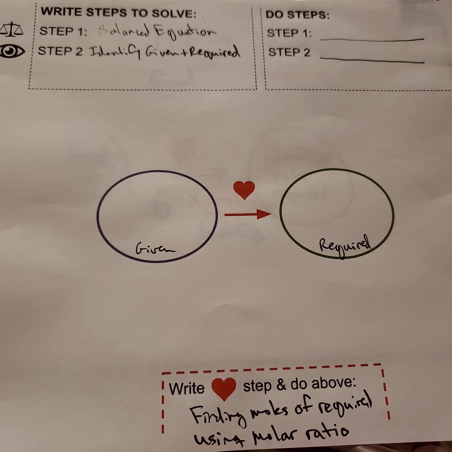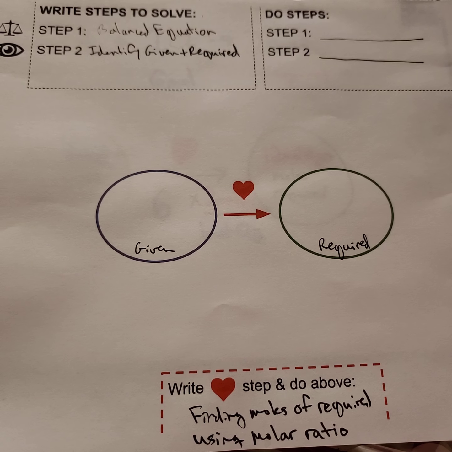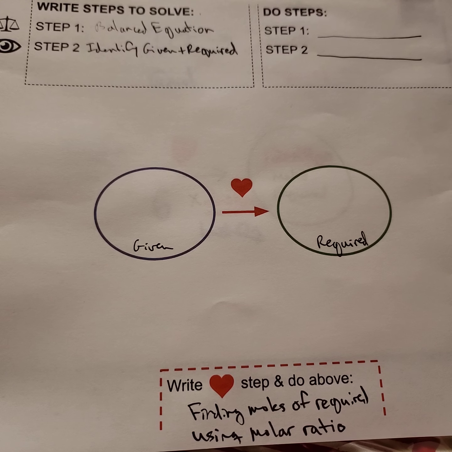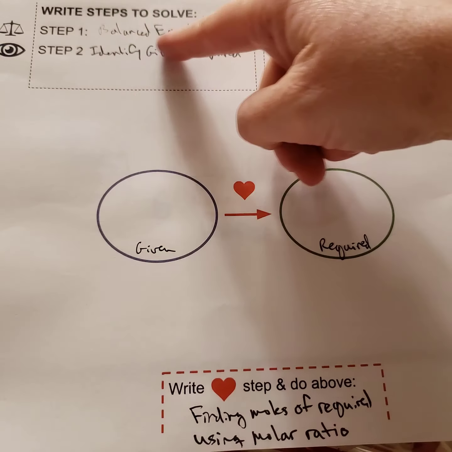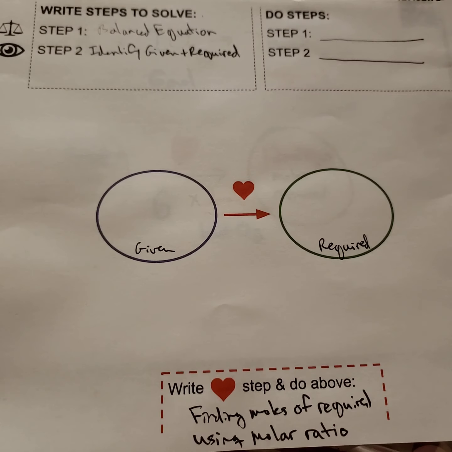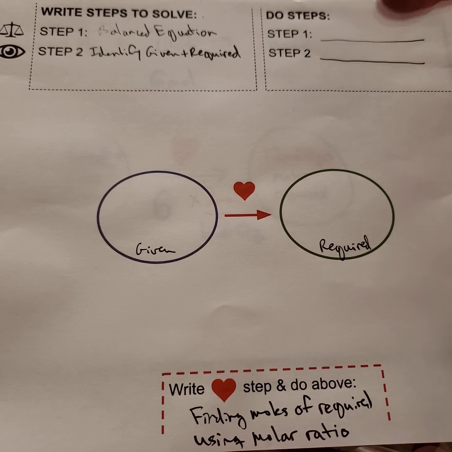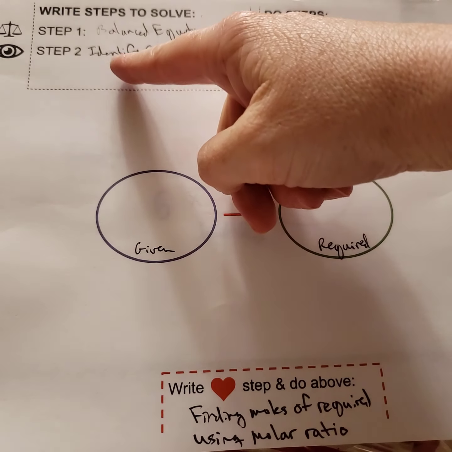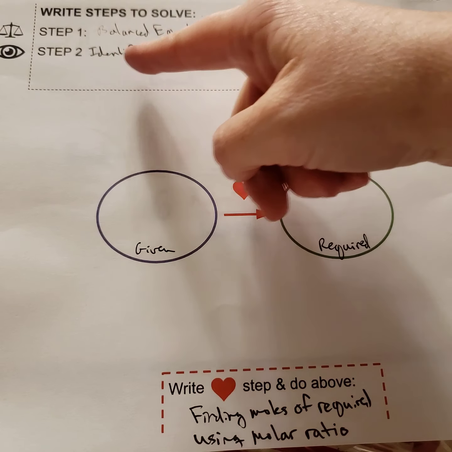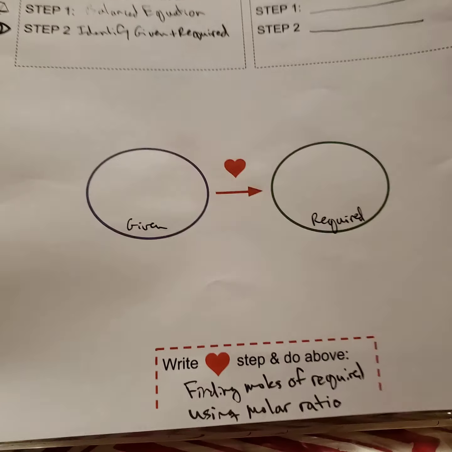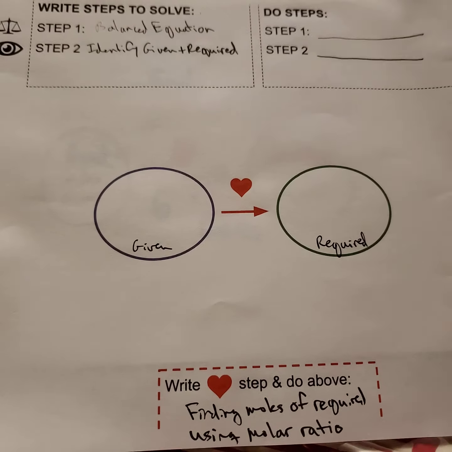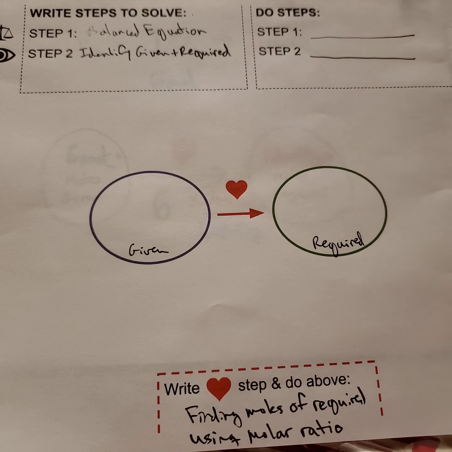So head off and attempt some mole to mole only problems using those steps, and practice writing out your own step 1 and step 2. Actually write out the balanced equation, and actually write out that you need to remember to identify the given and required, because of course this sheet doesn't come to you on assessments. So work away at that.